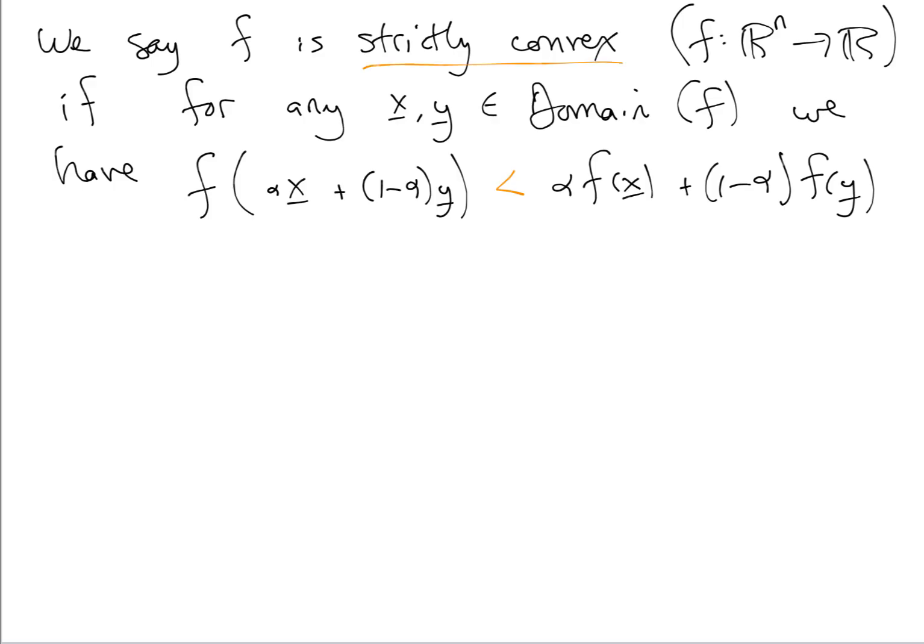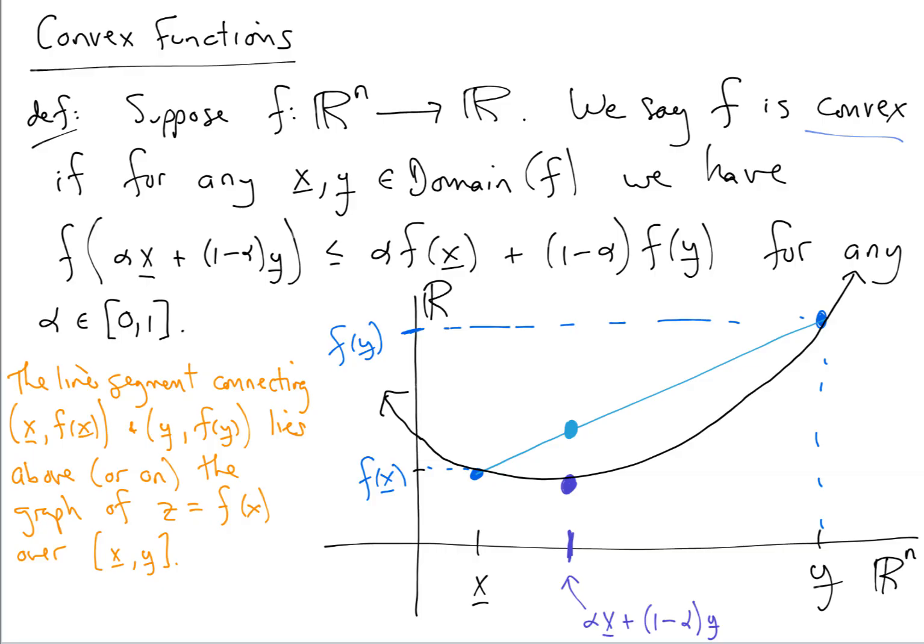And this is a little bit stronger of a condition. So in the definition that we gave at the beginning, notice we said this line segment connecting these 2 points would be above or on the graph of z equals f of x. Being on the graph is when you have non-strict convexity. This secant line would never actually be on the graph itself.